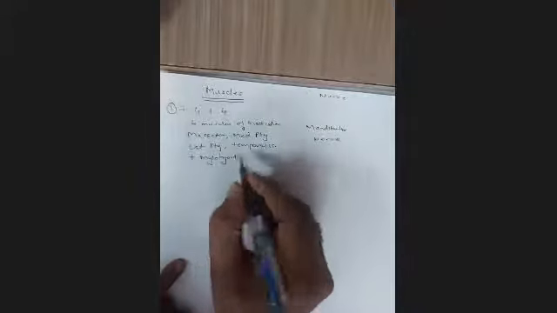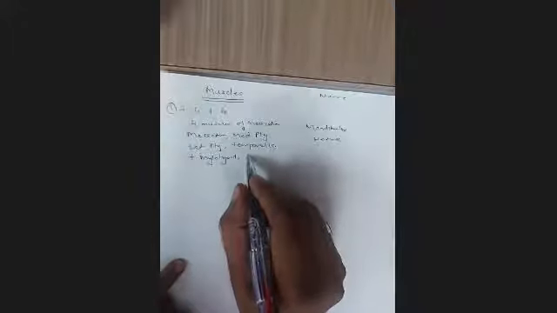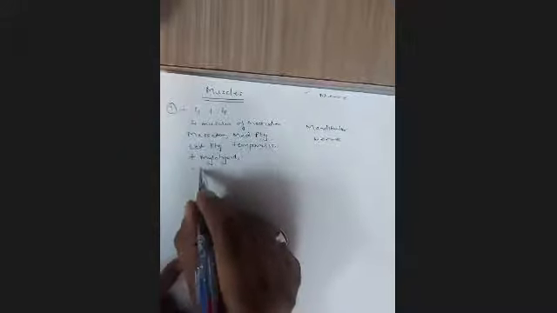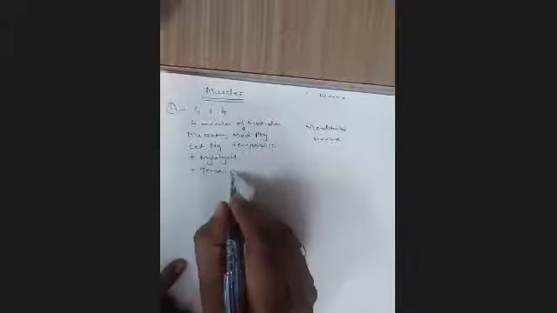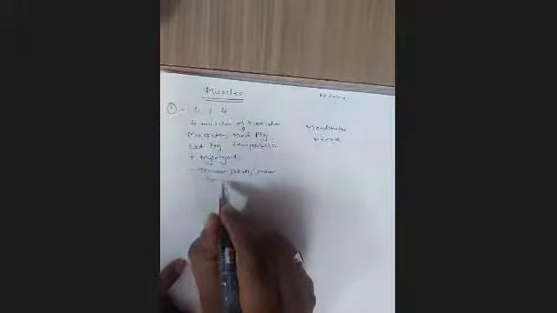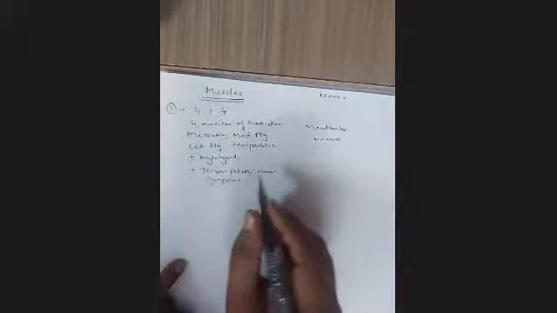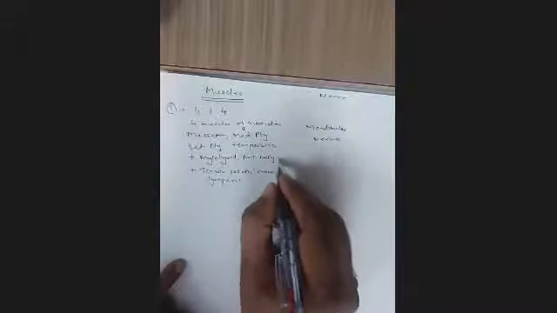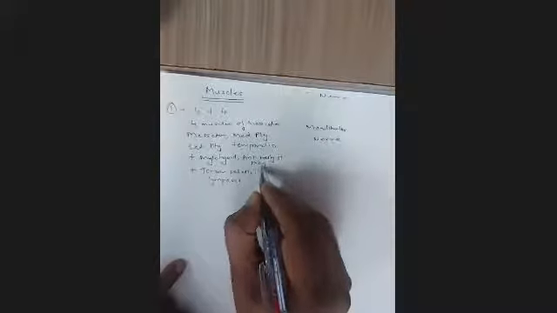Apart from this, there is the mylohyoid muscle. Then you have to remember 2 tensors, tensor palatii and tensor tympani. And mylohyoid and anterior belly of digastric. Digastric muscle, all of us know, has 2 bellies, anterior belly and posterior.